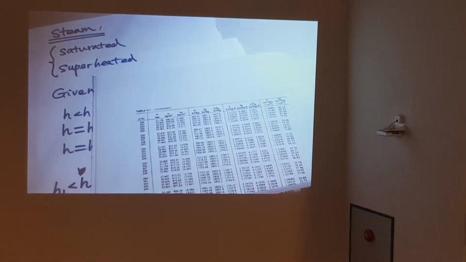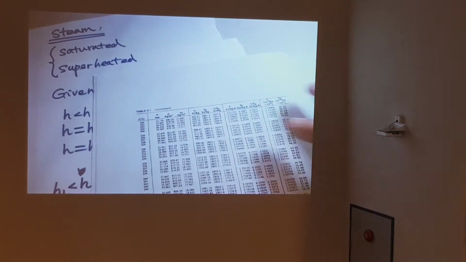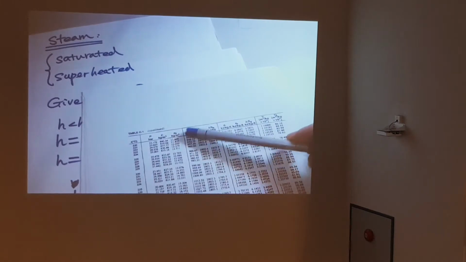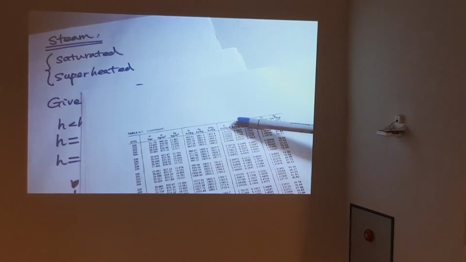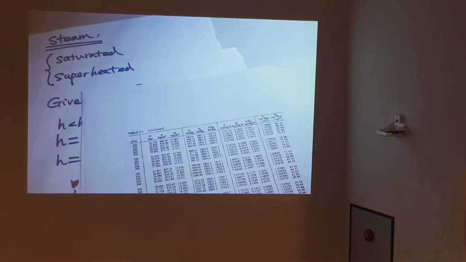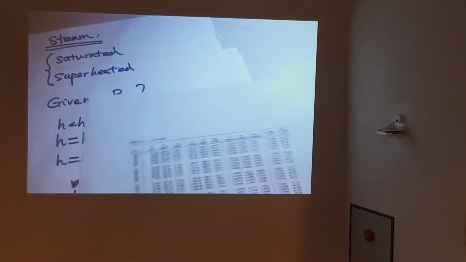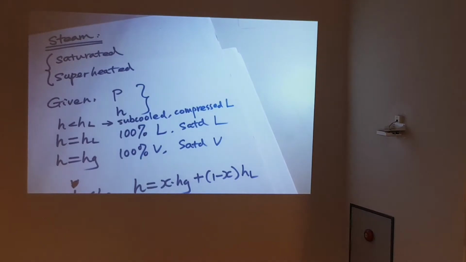But the internal energy is not listed in this table. For internal energy, you have to go to the pressure table. So here we have enthalpy, we have entropy, but we don't have internal energy. So you go to the pressure list.